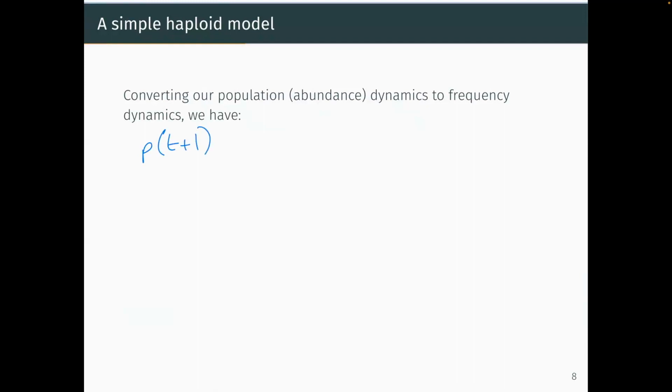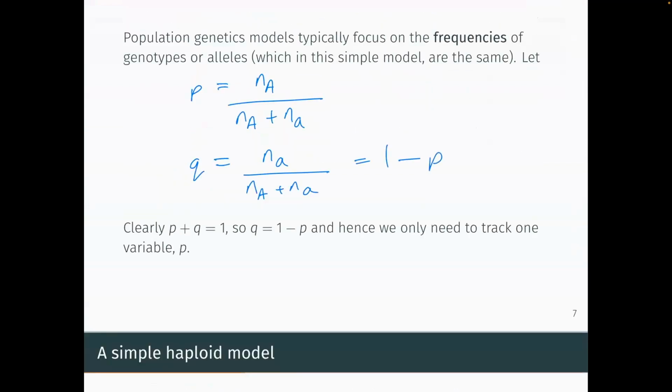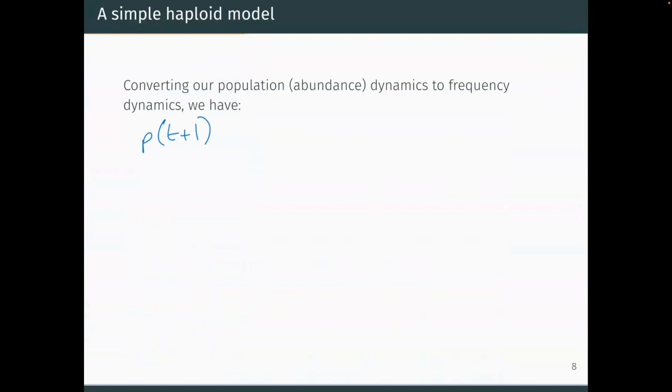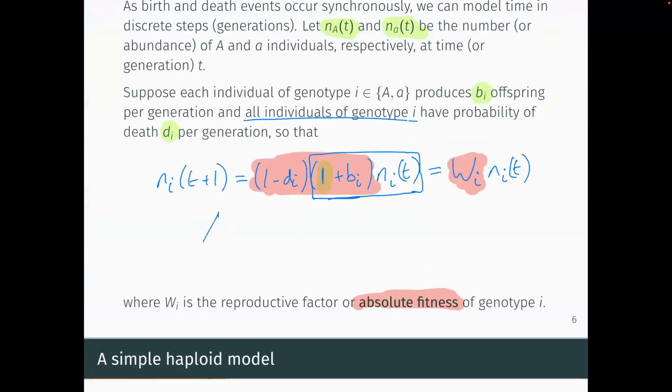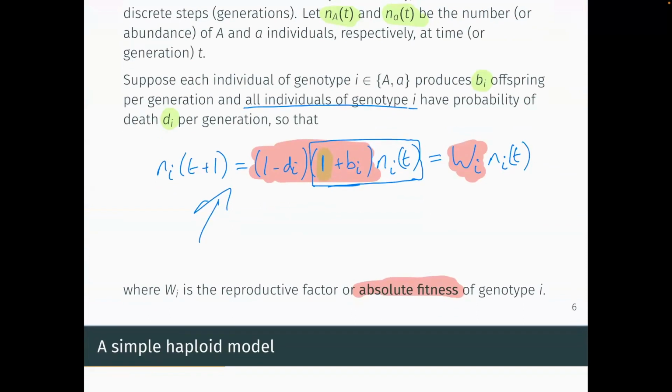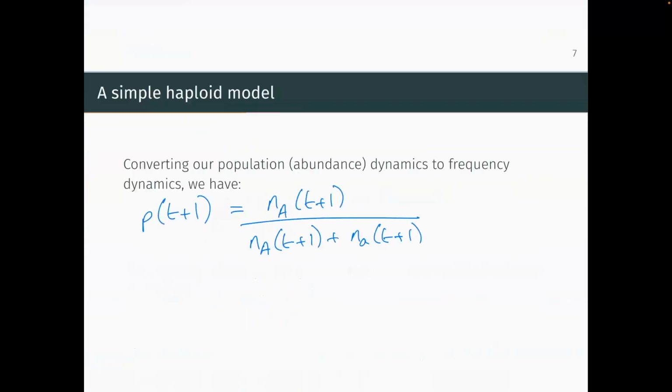So this is our frequency of allele capital A in the population in the next generation. Well, what do we have? Well, here we just defined it as n_A, so it's n capital A over the total population size. So this is just going to be n sub A, capital A at t plus 1, divided by the total population size in the next generation. These are just the equations that we had all the way back here. So I can just substitute this in with my absolute fitnesses.